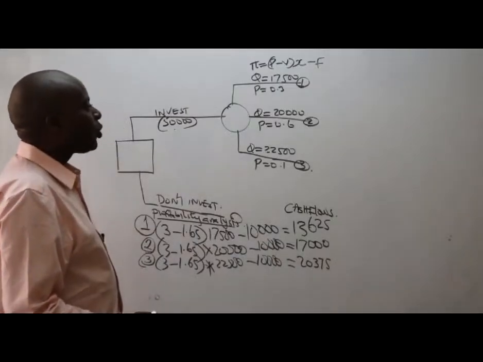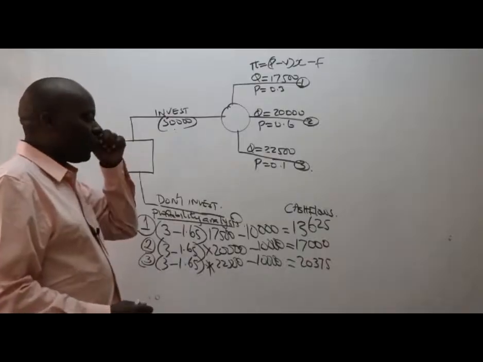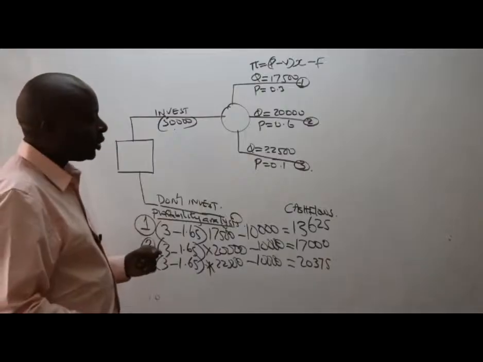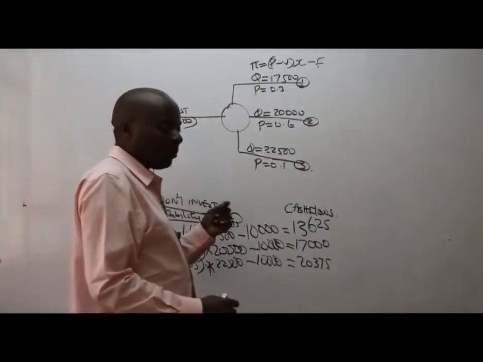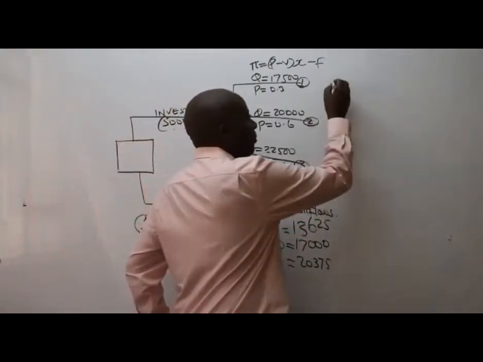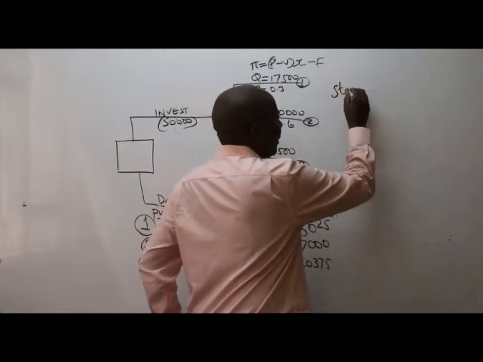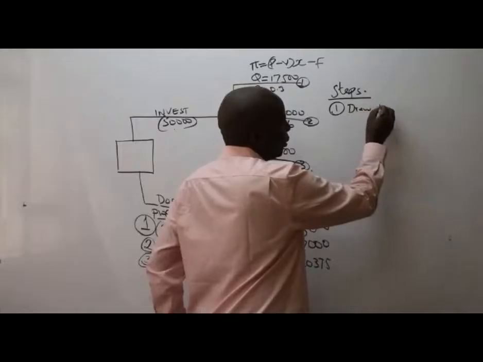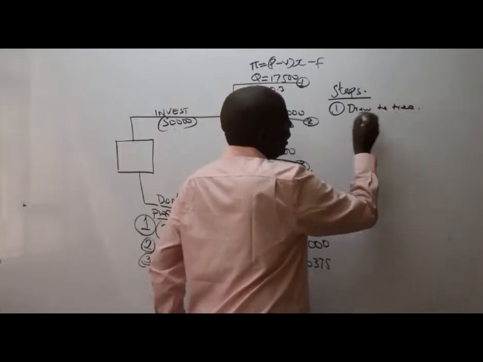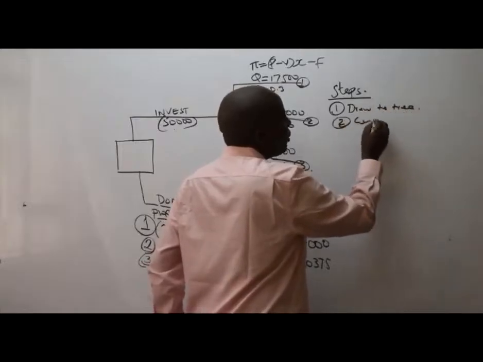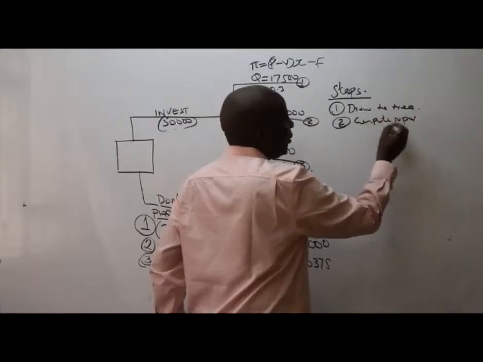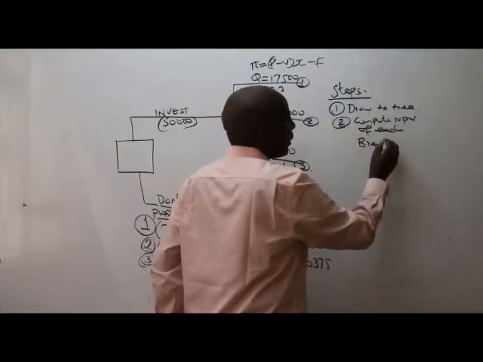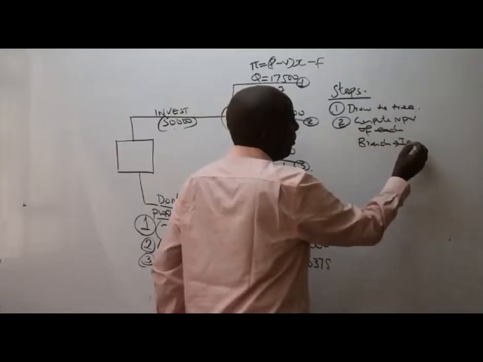Now I would want you to convert these cash flows very fast to net present value. Remember still, we are ignoring probabilities. The basic steps of decision trees: number 1, you draw the tree. Number 2, you compute the net present value of each branch, ignoring all probabilities.